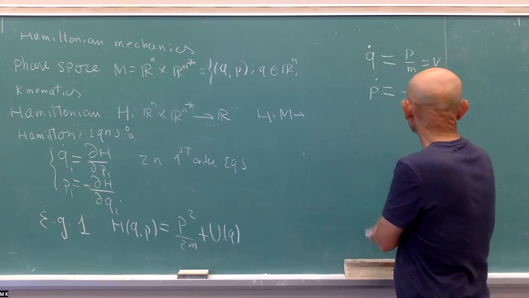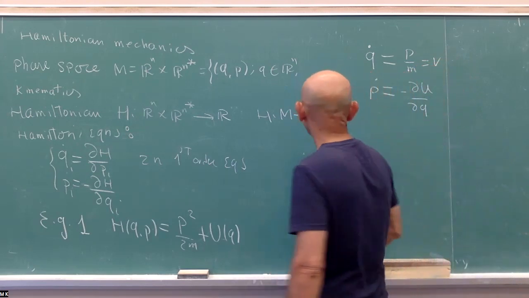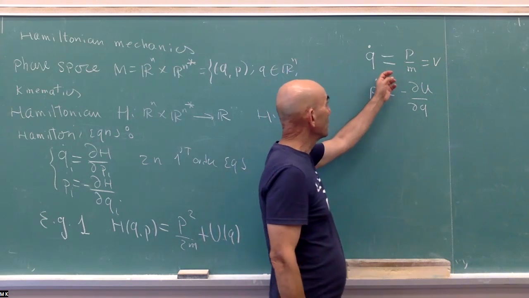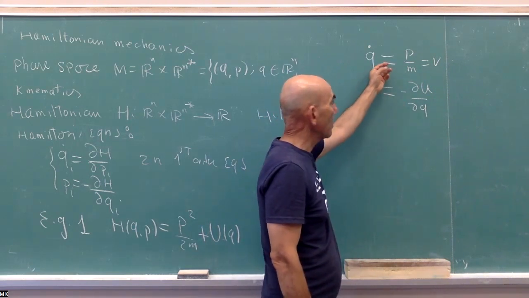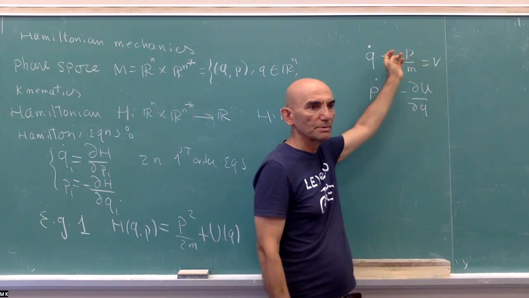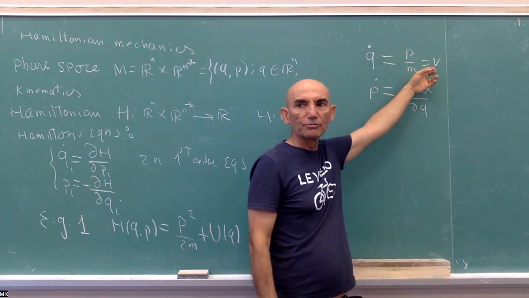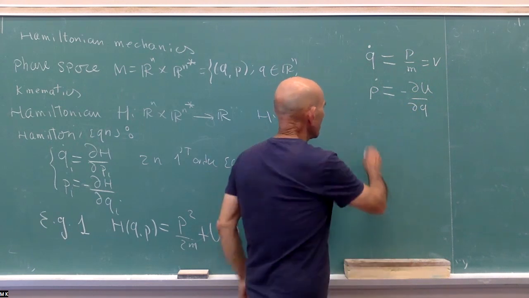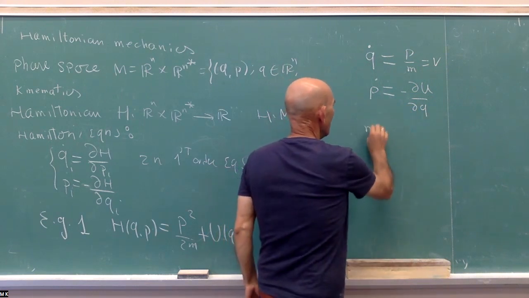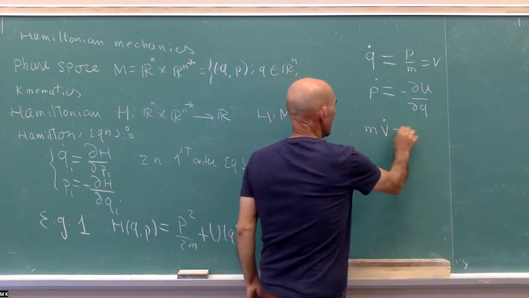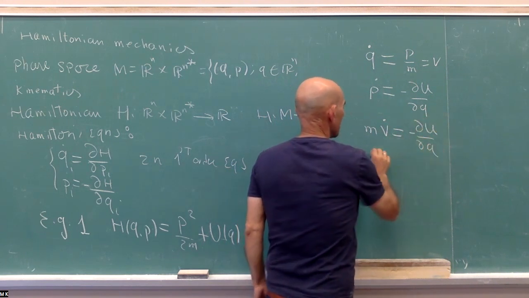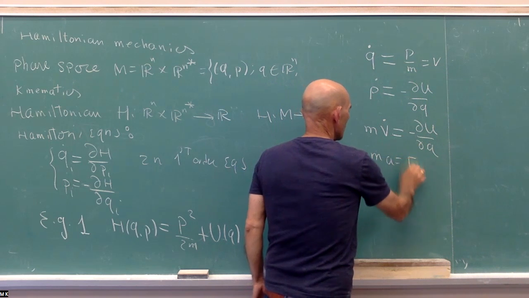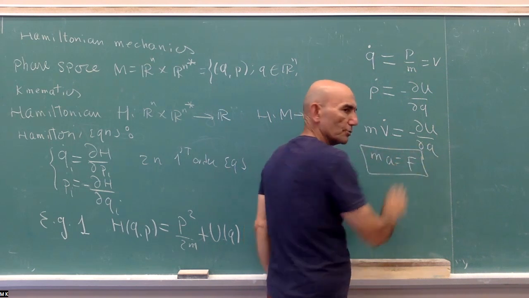If you think about it, this is also like a tautology. Q dot is equal to V, and this is like saying that M V dot is equal to minus dU/dQ. So this is ma equals F, Newton's equation.